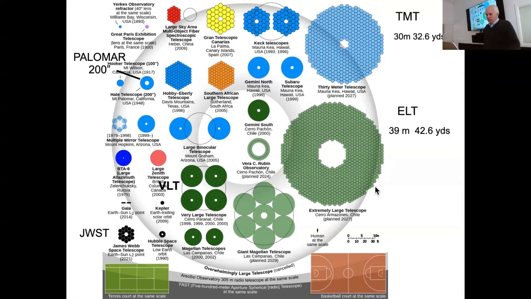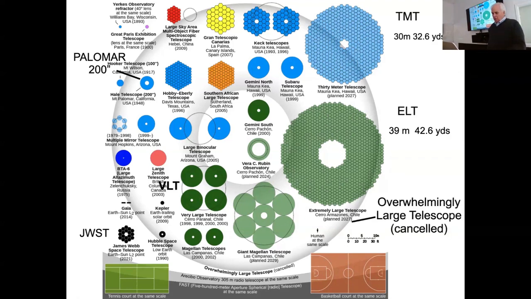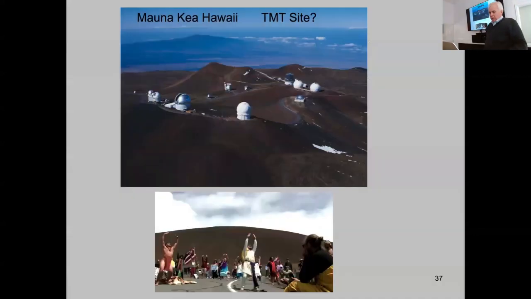And then they had a proposed larger one, and they called it the Overwhelmingly Large Telescope. But that project is canceled. It was thought that was going too far right now. And I don't know if they go even bigger than that, what they'll call the horrendously, impossibly big telescope or something.